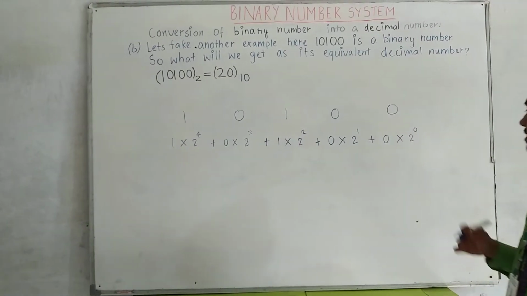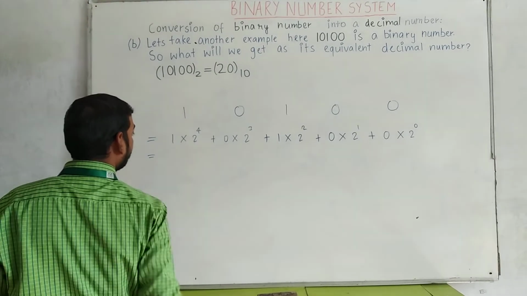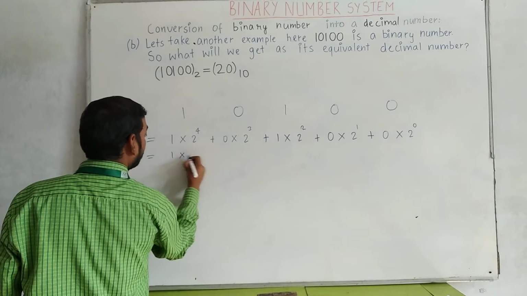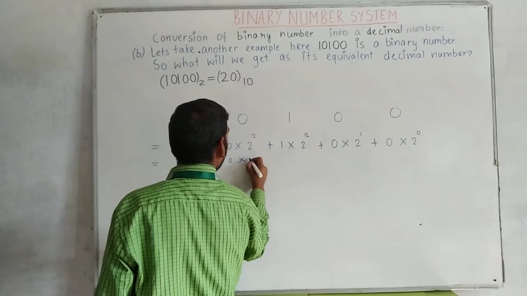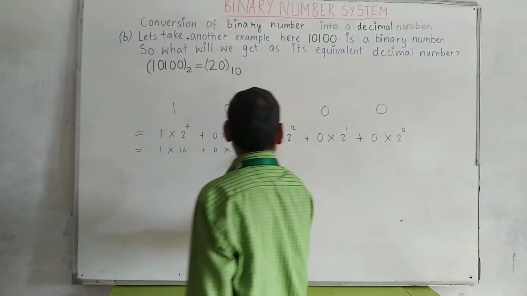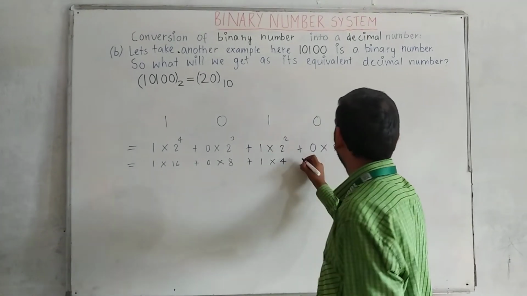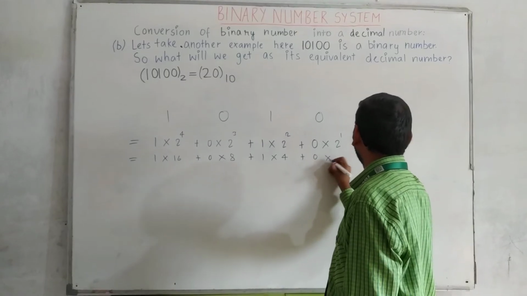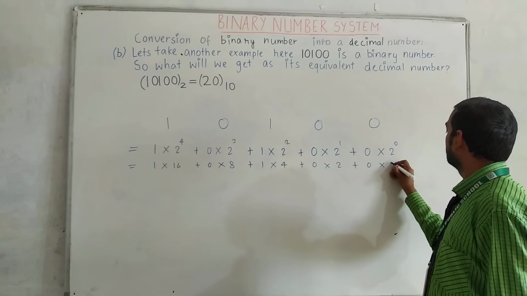Then what result will we get? It will be 1 into 16 plus 0 into 8 plus 1 into 4 plus 0 into 2 plus 0 into 1.